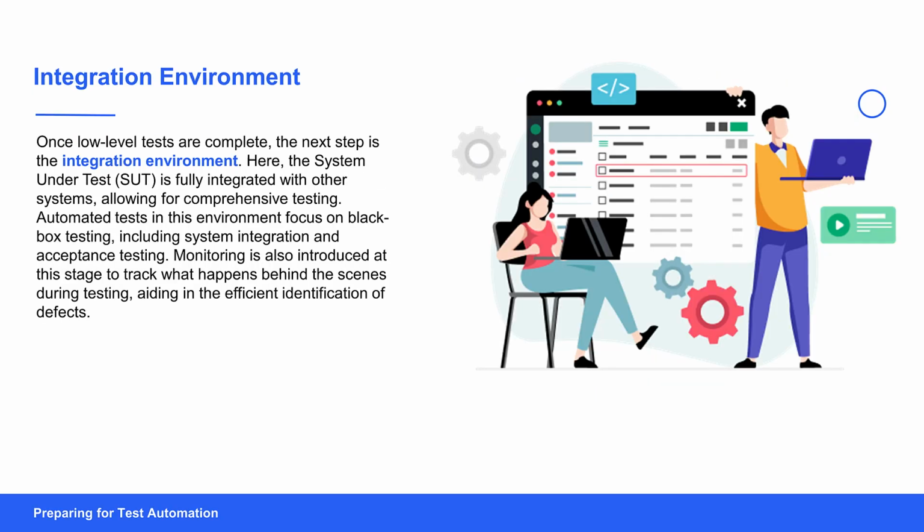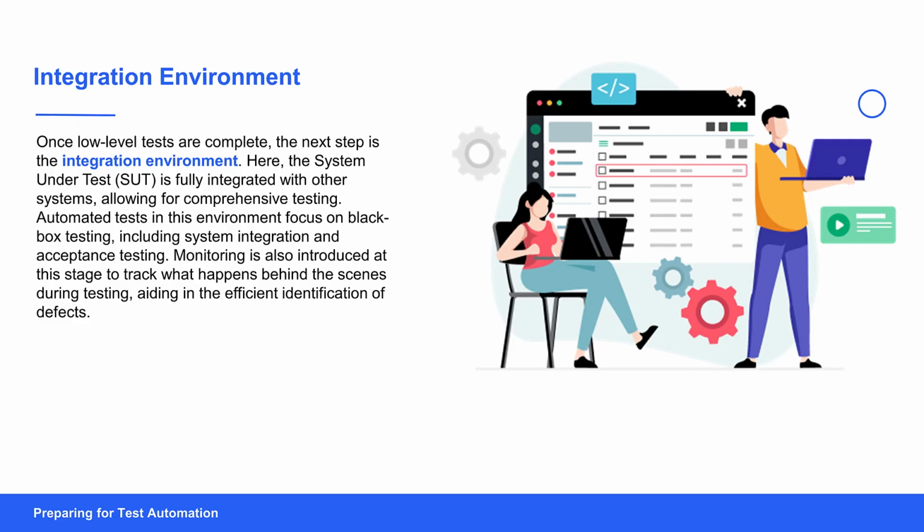After successfully passing the build environment, the next step is the integration environment. This environment is critical for testing how different components of the software work together when fully integrated. In this setting, the system under test, or SUT, is combined with other systems and tested as a whole.